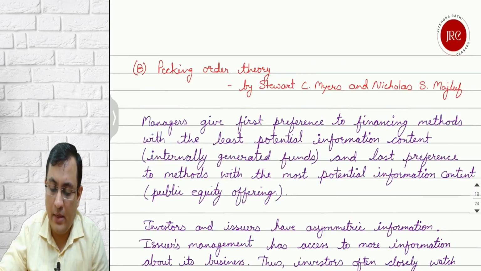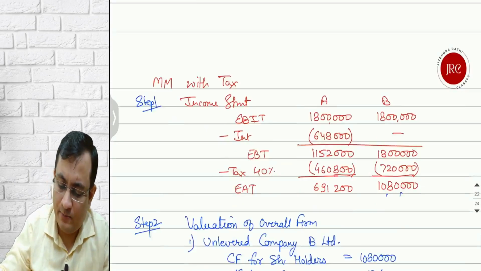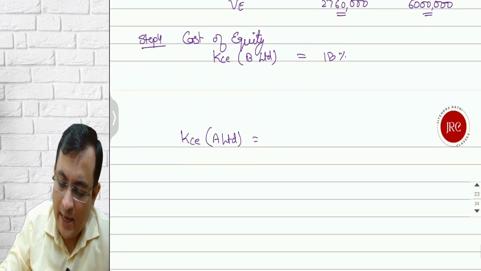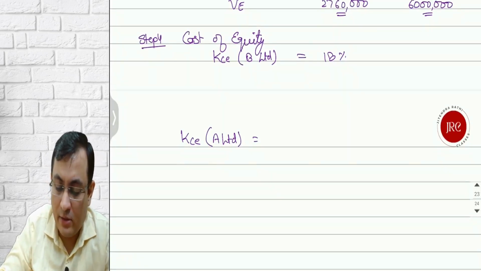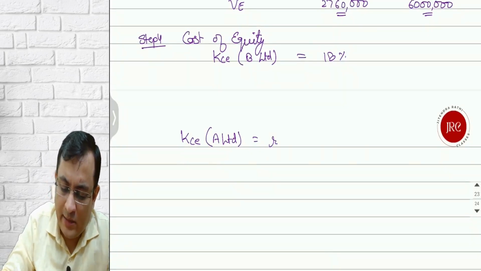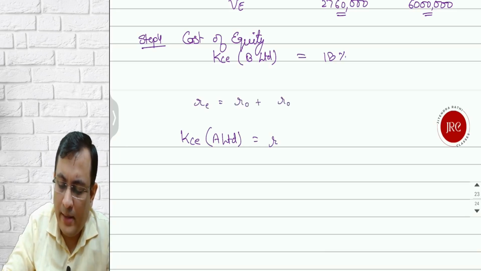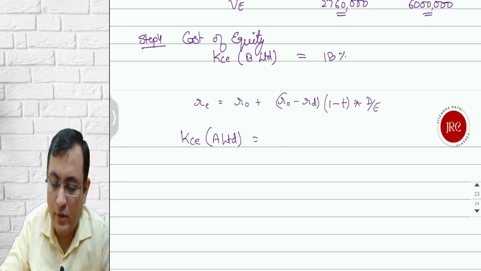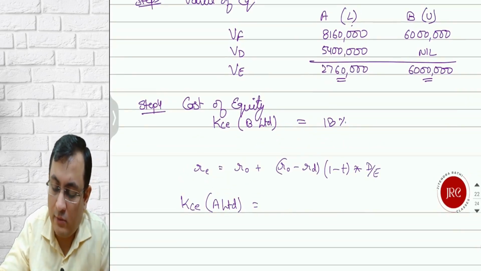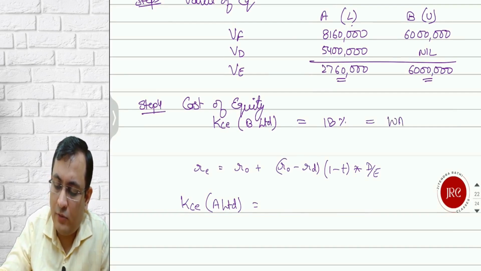So let's use this formula. The formula says that KE, that is your RE, is equals to RO plus (RO minus RD) multiplied by (1 minus T) multiplied by D upon E. So let's use these numbers. RO is also equal to WACC of B Limited, because B Limited is an unlevered company.